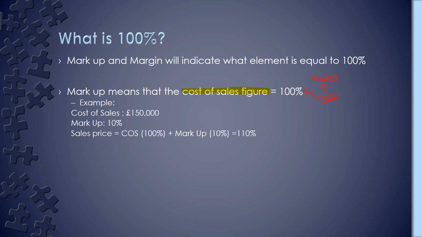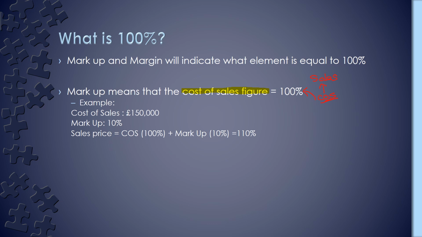So this means that if you're given a cost of sales figure and a markup percentage, then your sales price is going to be your cost of sales plus your markup, and that equals your sales price.